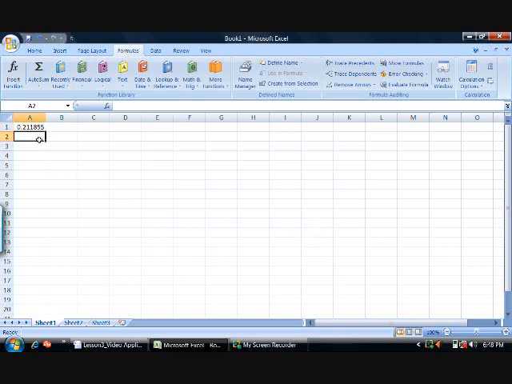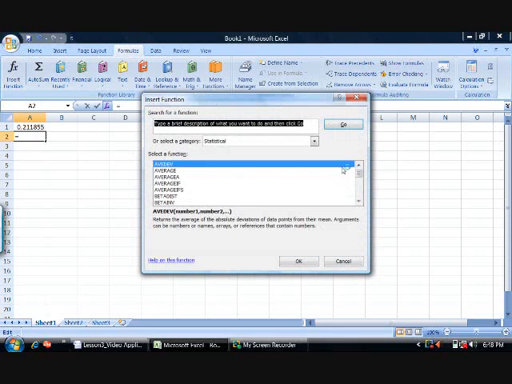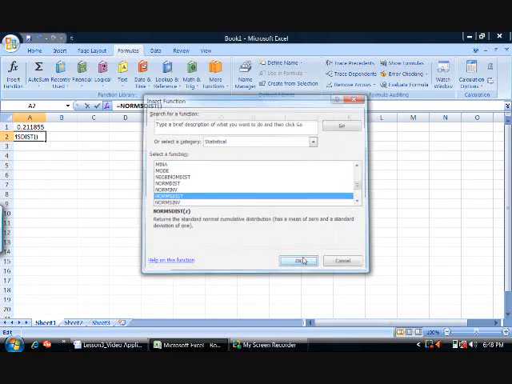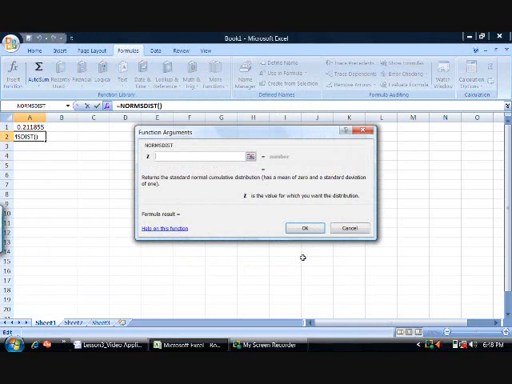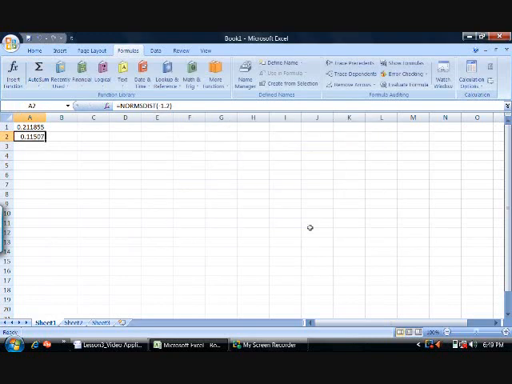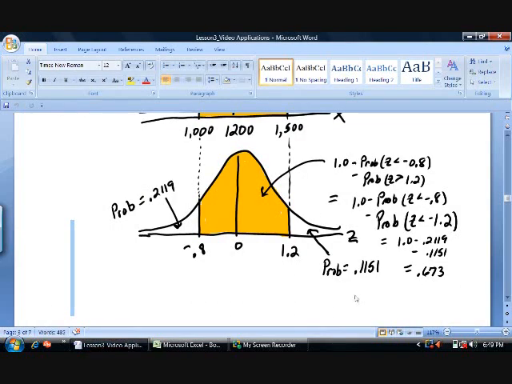The probability of getting a z less than minus 1.2, I go to f of x, statistical, NormsDist distribution. Okay. This time I'm going to plug in a value, remember, minus 1.2. That probability is going to be 0.115, 11.5%.